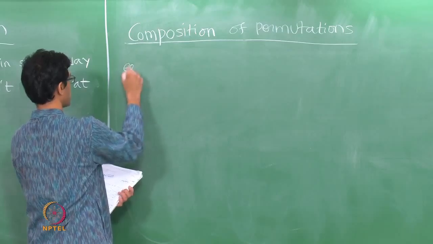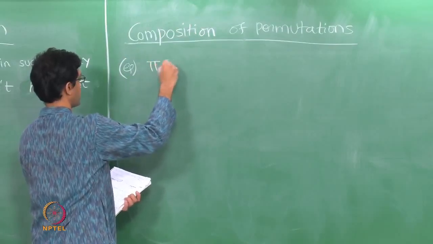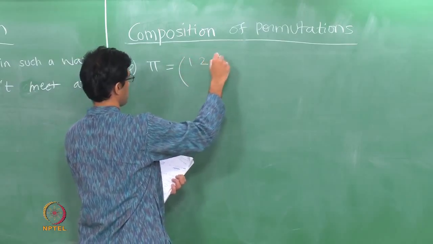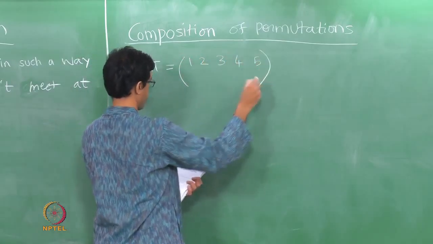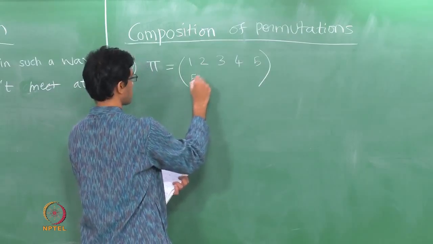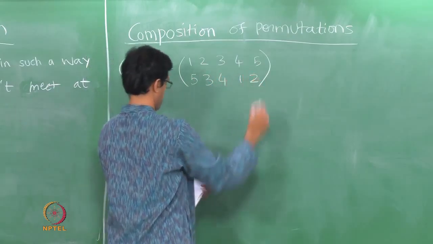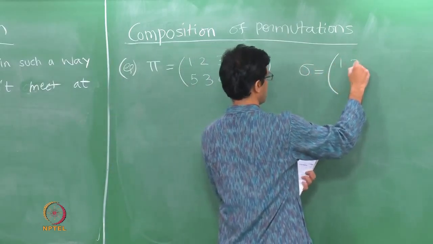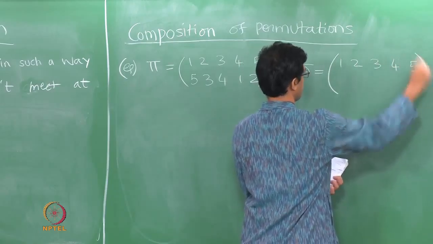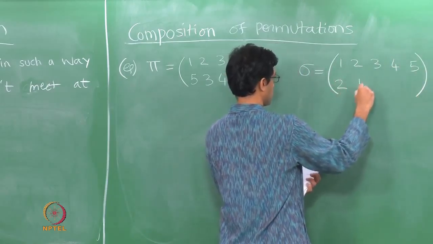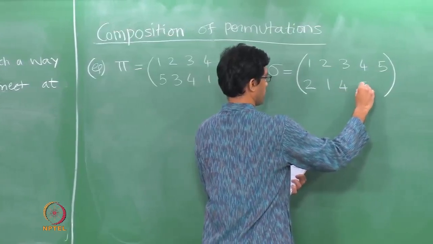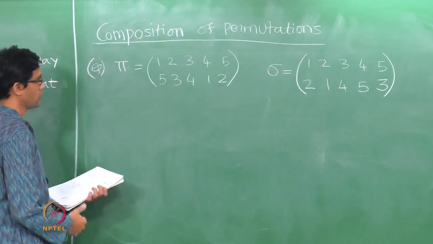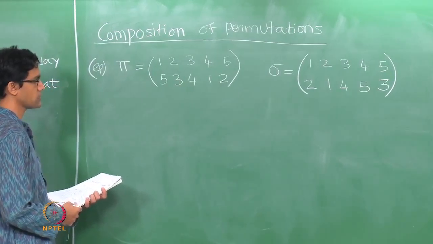Suppose I have 2 permutations, pi is, again in 2 line notation, 1 2 3 4 5 mapped to 5 3 4 1 2, and I have another permutation called sigma, which maps the numbers 1 2 3 4 and 5 to 2 1 4 5 3. Okay. So these are my 2 permutations pi and sigma.